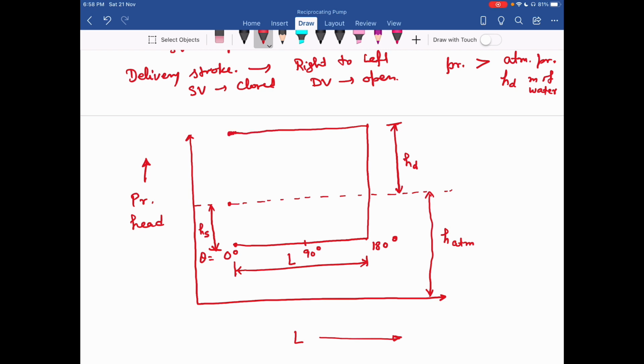Again, crank rotation is from 0 degree to 180 degree, and in between theta is equal to 90 degree. So this is my suction stroke, and this is the delivery stroke.